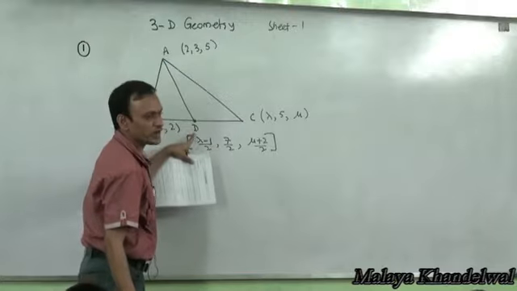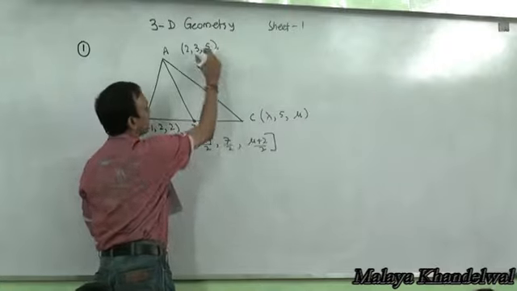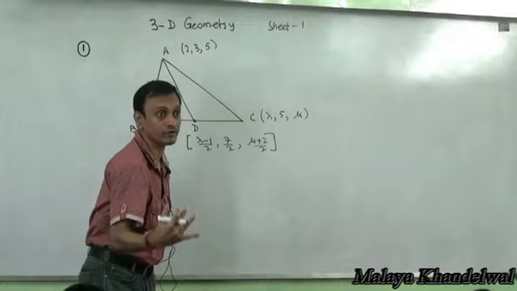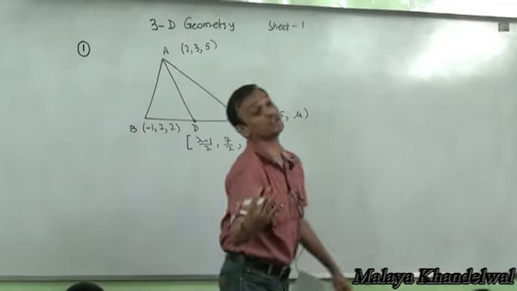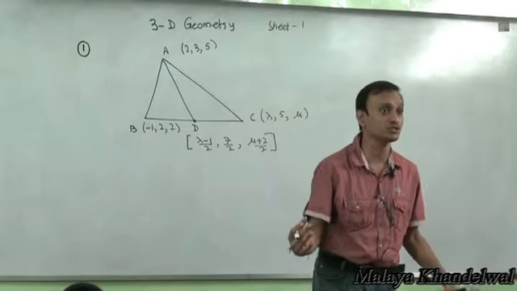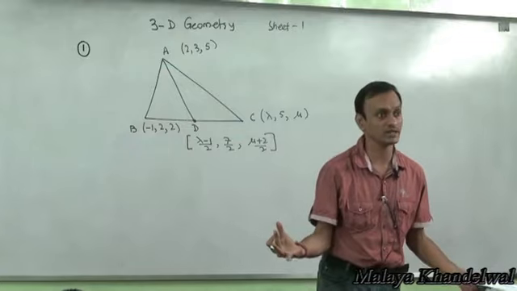Now, the direction ratios of AD would be (lambda minus 1)/2 minus 2, 7/2 minus 3, (mu plus 2)/2 minus 5. These would be the direction ratios of AD, right? And they must be equal, because AD is equally inclined to the three axes. So its direction ratios must all be equal. Yes or no?